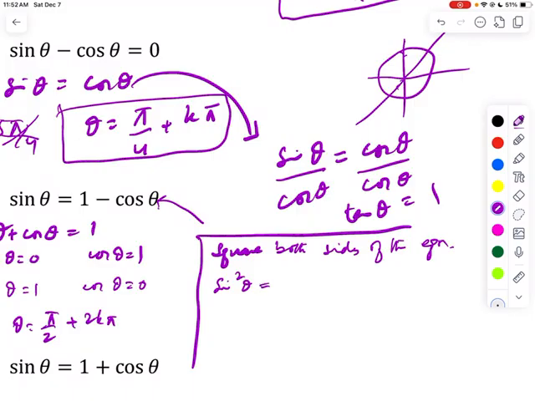So I'll get 1 minus 2 cosine theta plus cosine square theta. Now this is a quadratic type equation. The linear variable is cosine theta, so I should make it a quadratic in cosine theta.